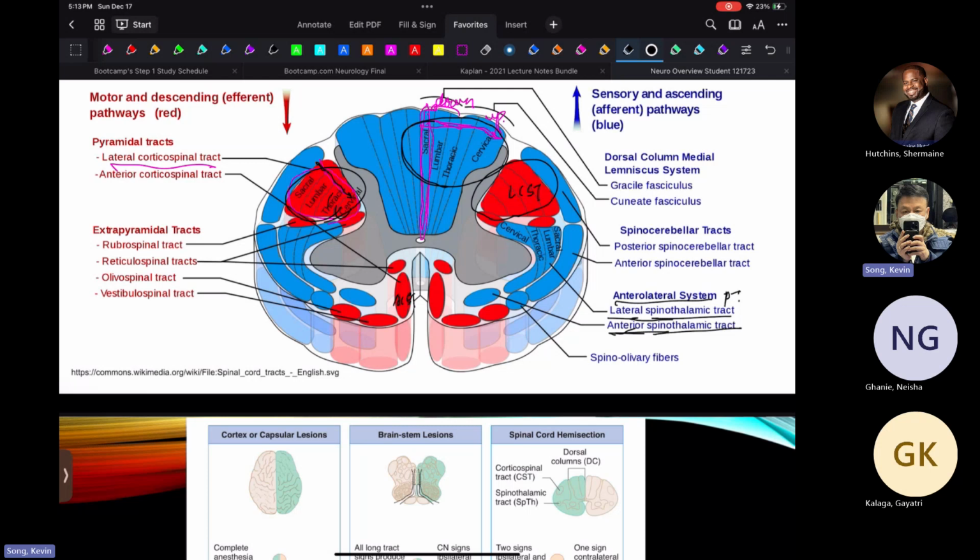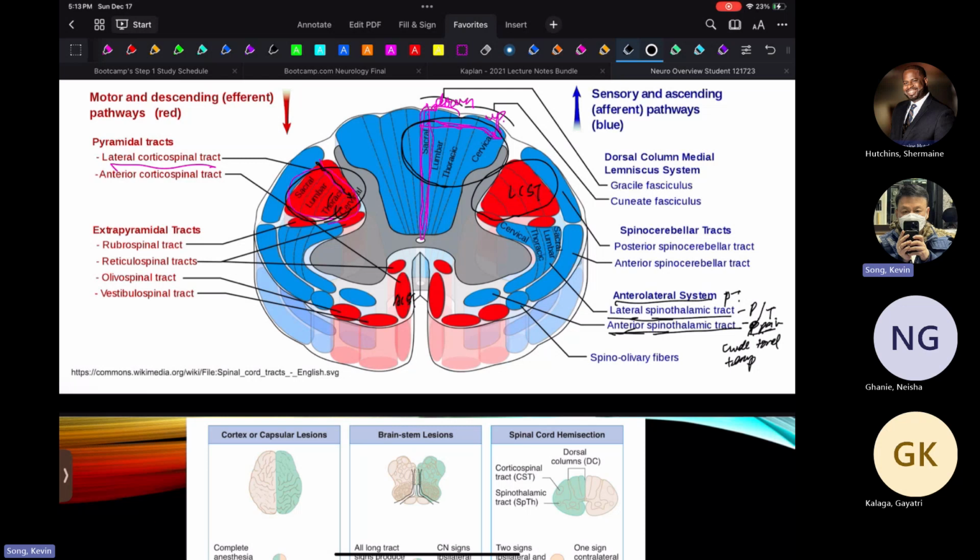Okay, but this one, probably a little too detailed, is crude touch and temperature, and then here is pain and temperature. Okay, so that's a little subtle difference. But you still have to know both.